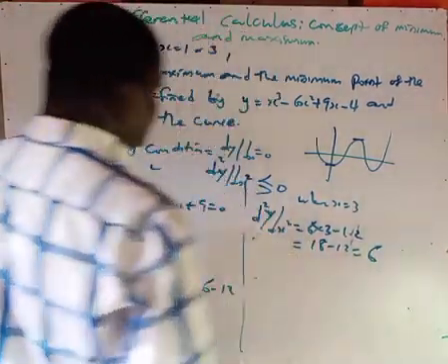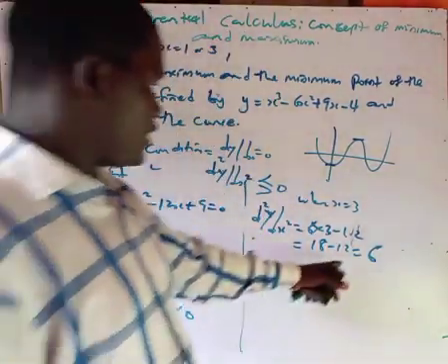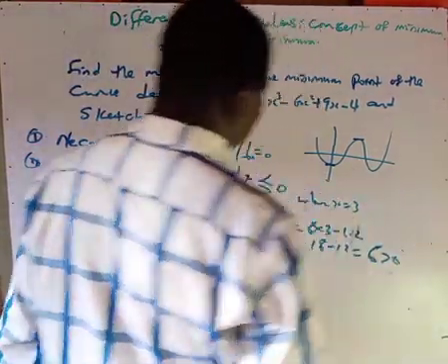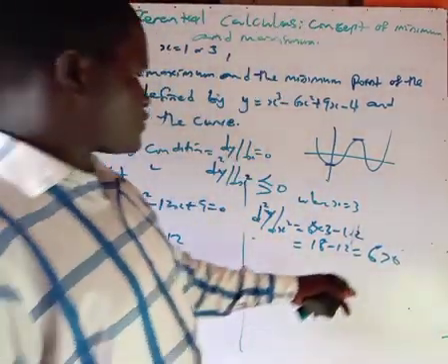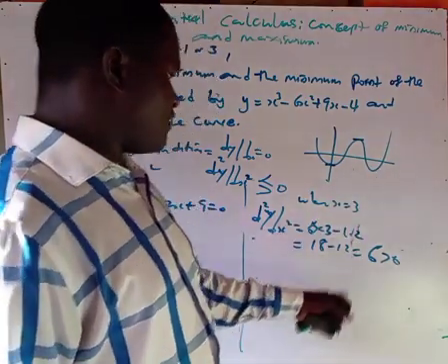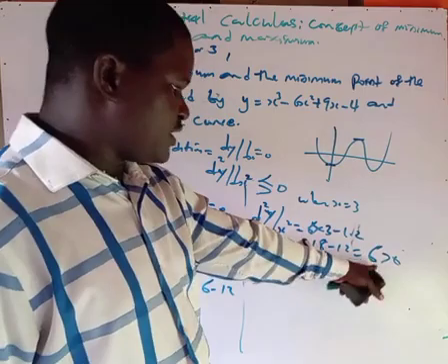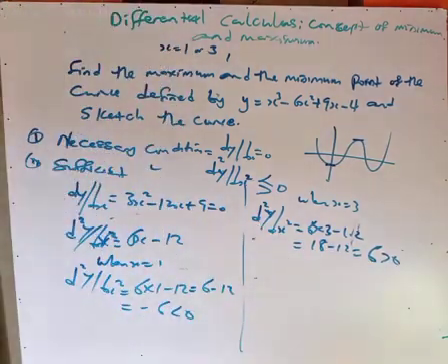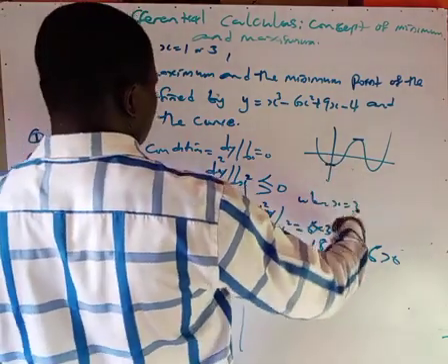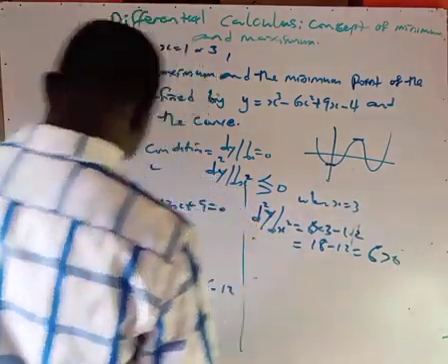So here you have 6. Now, definitely you know that 6 is greater than 0. So at x equal to 3, the curve will be at minimum. So you have determined the minimum and the maximum.